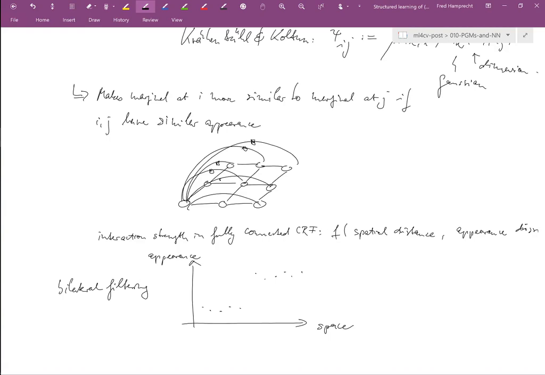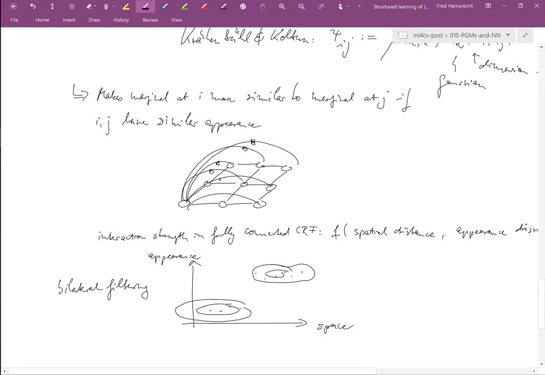And bilateral filtering now says that we convolve these locations with, for example, a Gaussian filter, a filter which has limited extent in the spatial domain and in the appearance domain. And if I do this, I will get something that looks a little blurry. So I'm showing you a density estimate here. I'm convolving these points with a Gaussian, like in a kernel density estimation. The resulting blobs are not necessarily Gaussian.